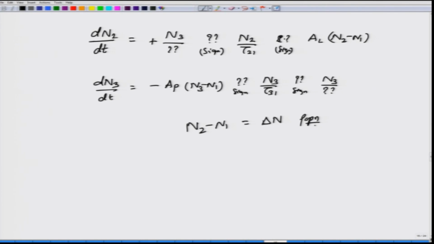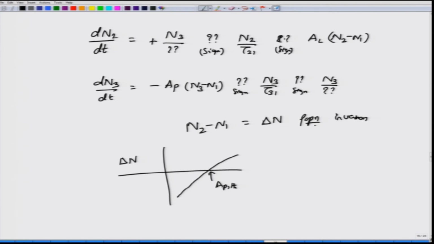Okay. So, what you actually expect is that this delta N will be negative when the pumping is not very strong, and as the pump increases, at a certain critical or threshold pump power, delta N becomes equal to 0, which means N2 will be equal to N1.